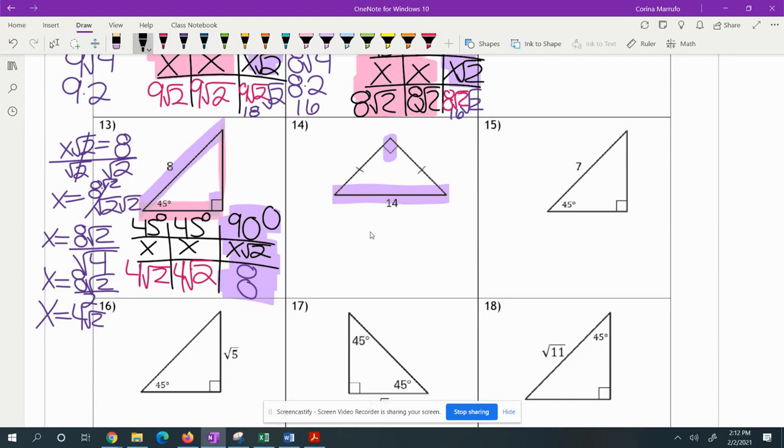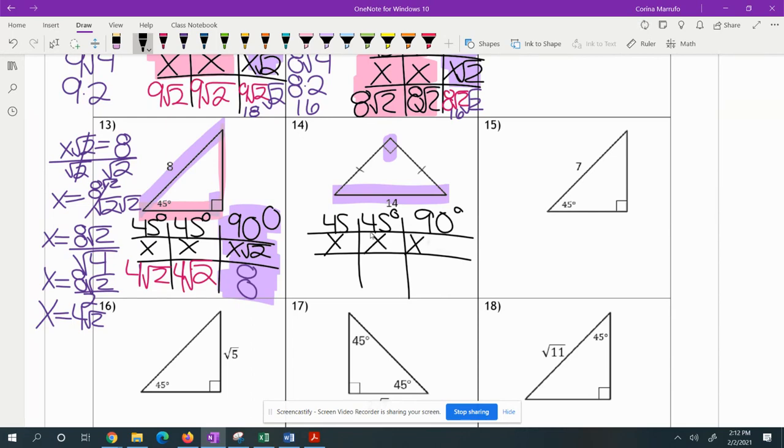Okay, so I'm going to go ahead and make my table. So we have 45, 45, 90, which is x, x, x, and the square root of 2.